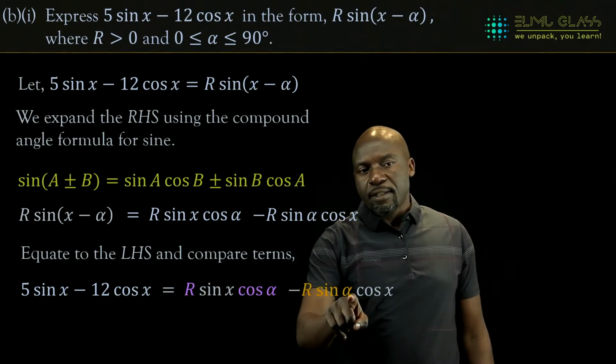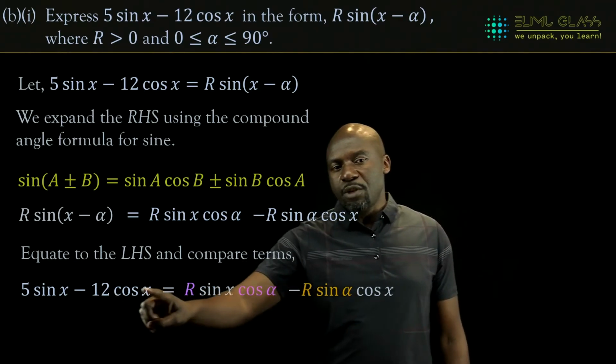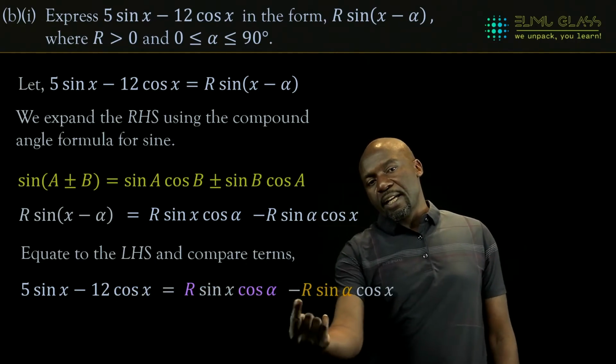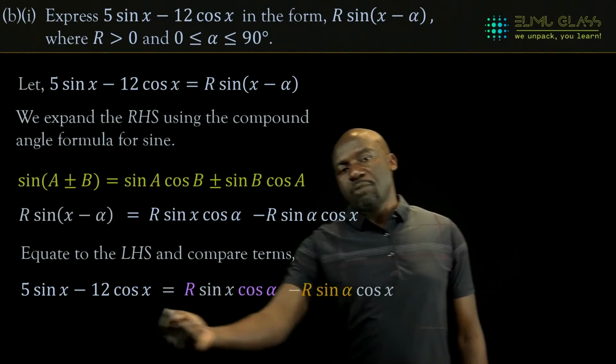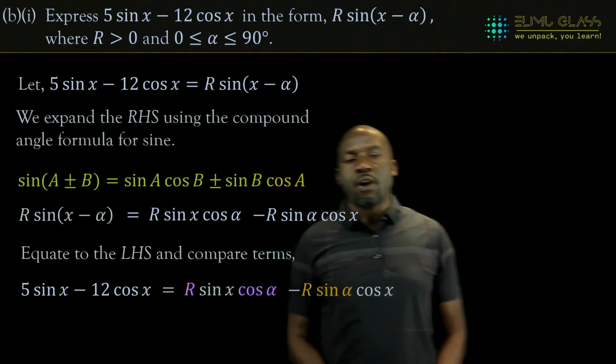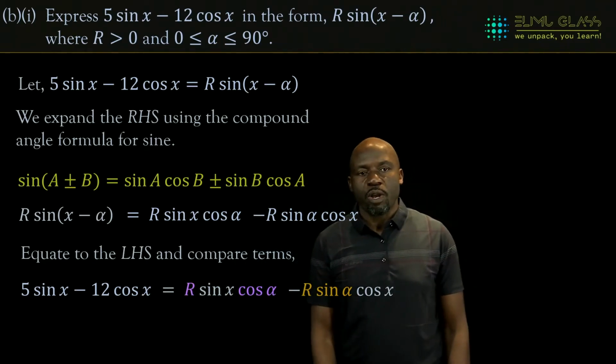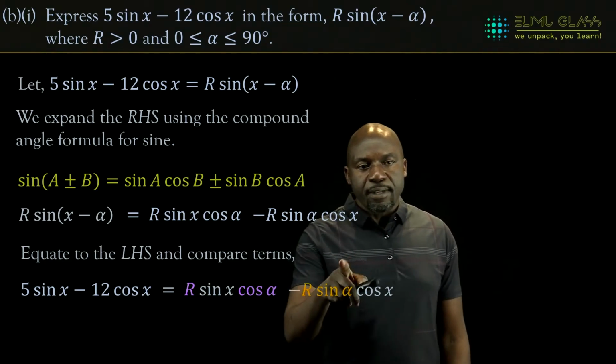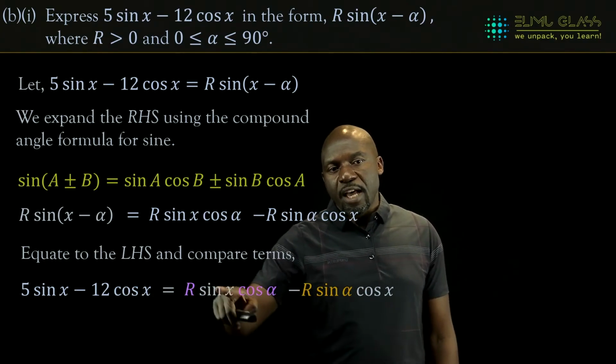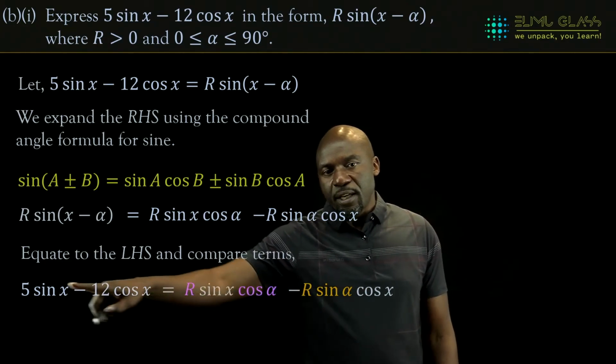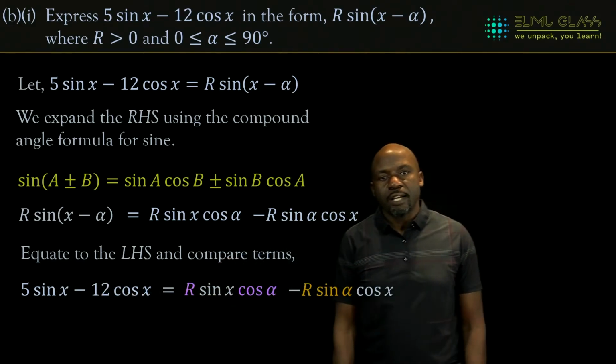Therefore, r sine of alpha must be 12, or you can say negative r sine alpha here must be the same as negative 12. So therefore r sine alpha is the same as 12. So let's put those down. So r sine alpha is 12 and r cosine of alpha is 5.